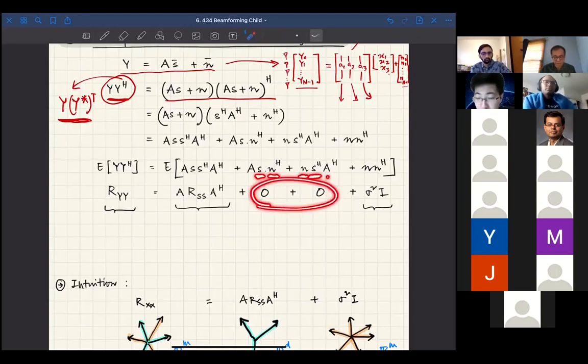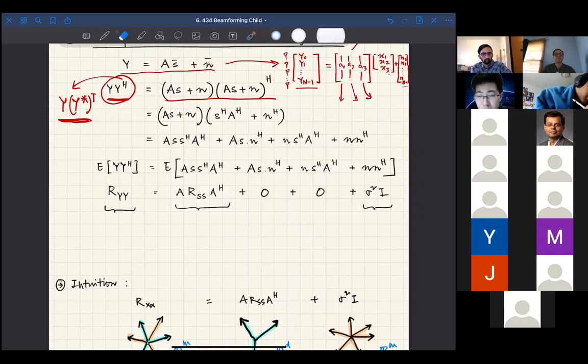So these are both 0. And this is noise correlated with noise, which is the power of the noise. Okay. Noise correlated with noise gives you the power of the noise, and that power times identity matrix.